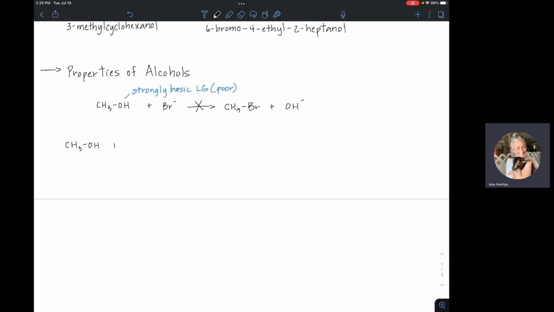So instead of bromide, what if I let this react with hydrobromic acid? Here you have a poor leaving group. It's too basic. But if I protonate it using hydrobromic acid, what I get is a better leaving group because I get a weaker base.